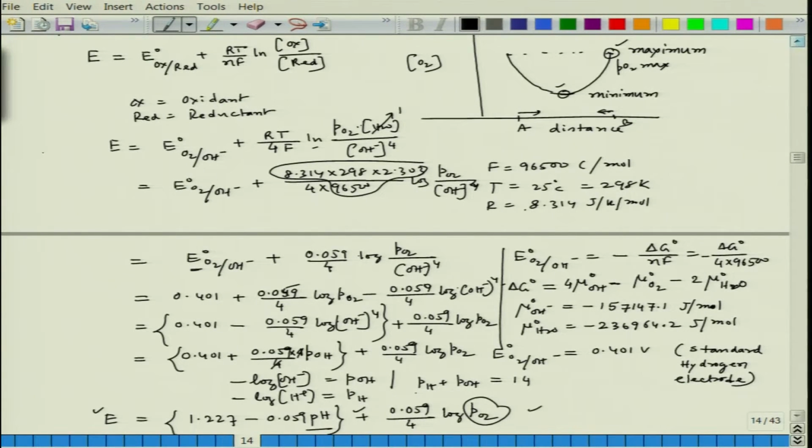Remember, we are talking about reduction potential throughout. So here E would be maximum, and here E would be minimum.